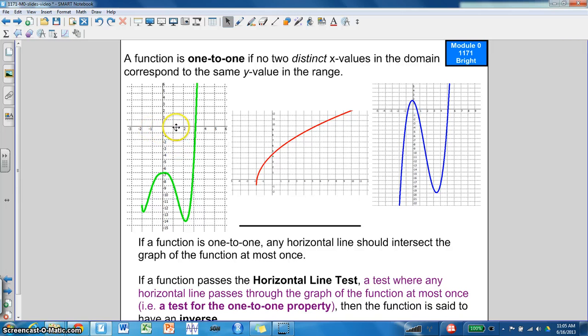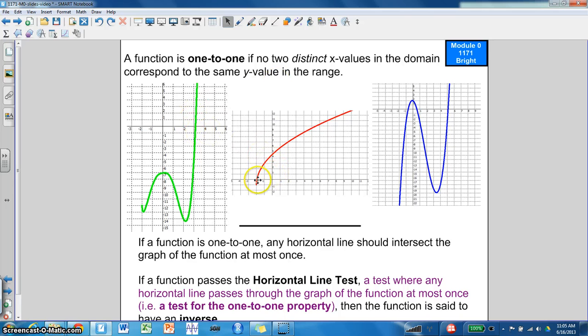At positive 1, we're at, let's call that negative 7. And at negative 1, we're also roughly at negative 7. So that means we have two x values that correspond to the same y value. So this function does not have a one-to-one property.